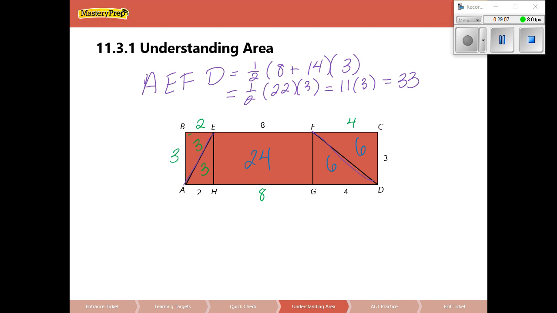So did we need to know either one of those diagonals? No. And we would have gotten there the exact same way.